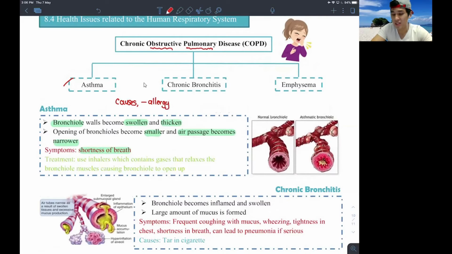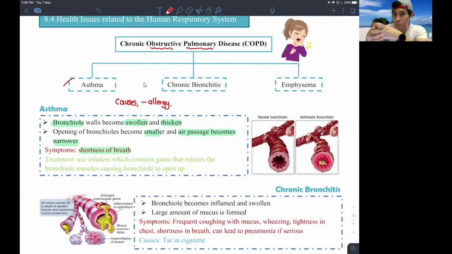Some people's bronchioles are more sensitive to the surrounding air, for example if the air is dusty. In Western countries during springtime, there is a lot of pollen in the air. If you inhale the pollen into your bronchioles, it causes an allergic reaction and makes them swell up.